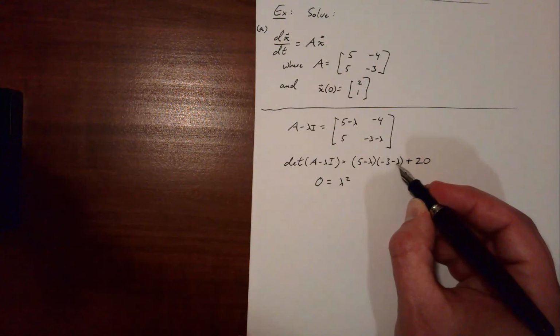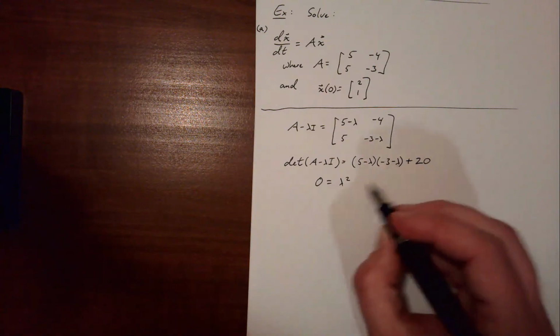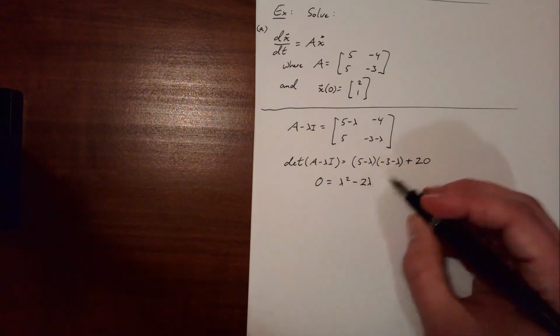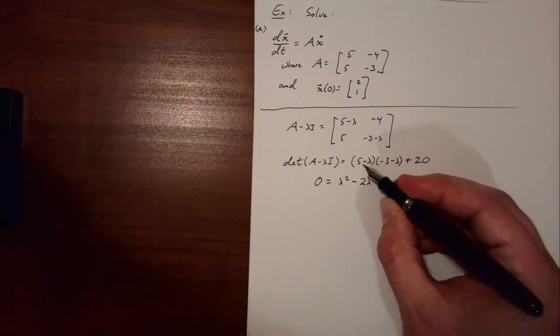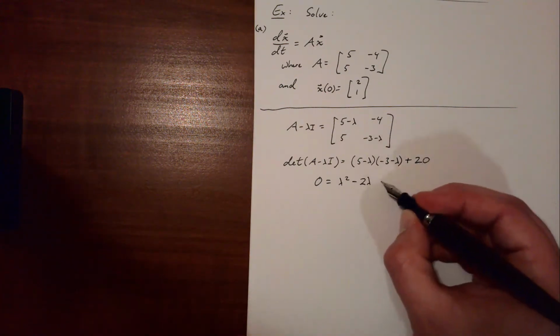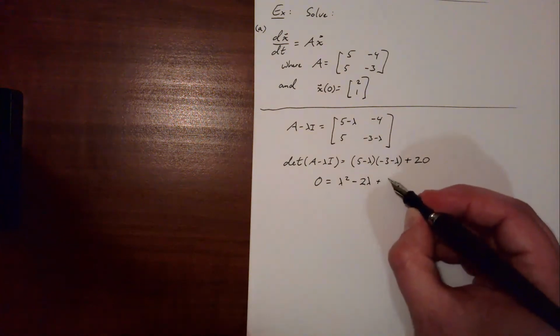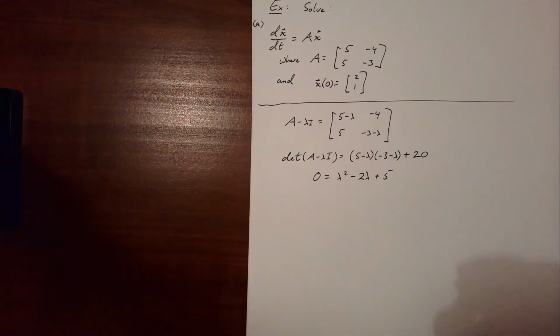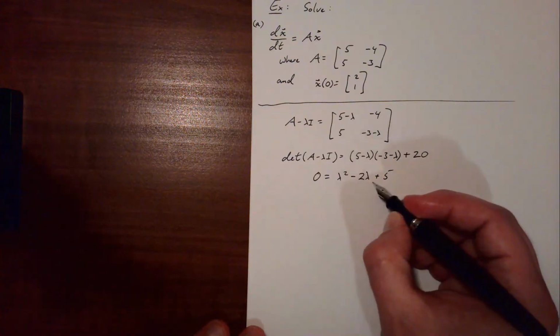For the middle terms, we have -5 plus 3, so that's going to be -2 lambda. And then -15 plus 20 is going to be plus 5. Okay, so here is the lambda equation, and we can't factor this.